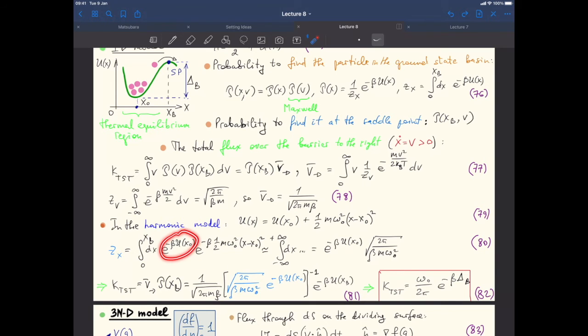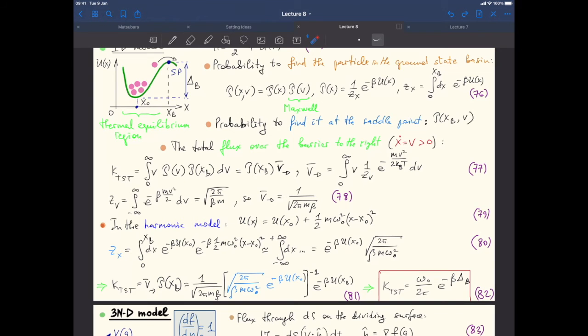This is a constant, and this is a Gaussian part. This expression goes to zero very quickly as x goes away from x naught in both directions. So these two limits here can be easily replaced by minus and plus infinity, in which case this is a Gaussian integral, can be easily calculated, and this is the result.